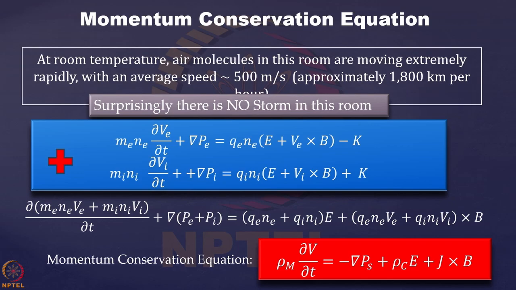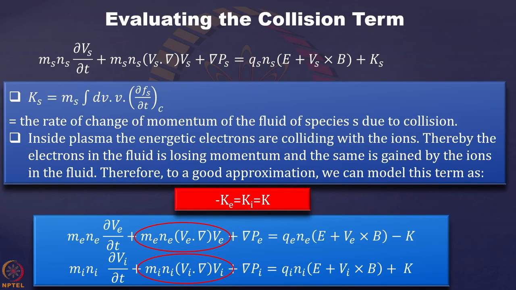But even though these molecules are moving at such high speed in this room, really there is no storm, because you know the fluid as a whole, the whole air in this room as a whole is not actually moving. Okay. So to a good approximation, this V is small.